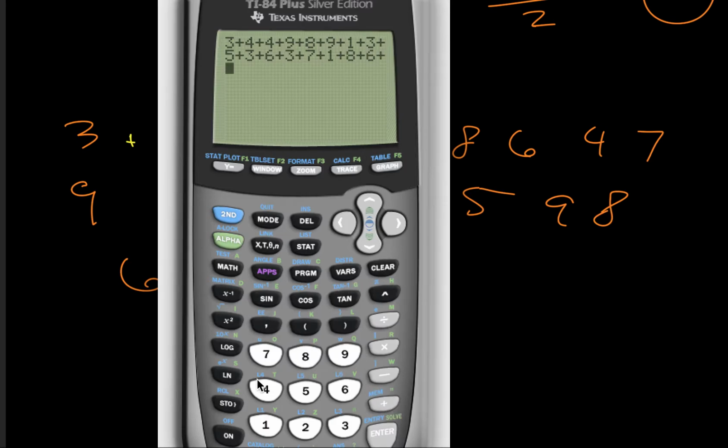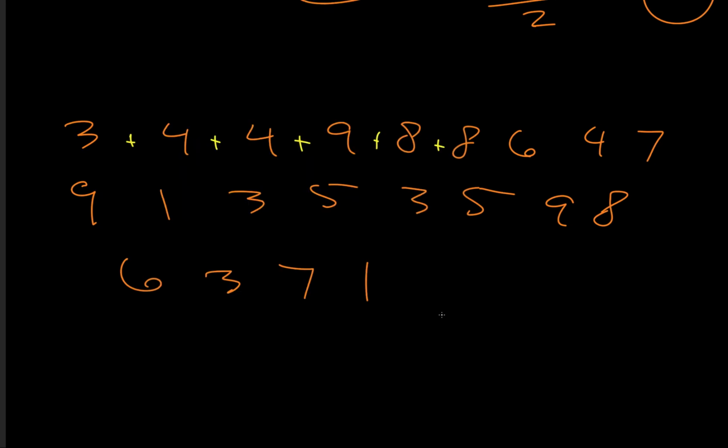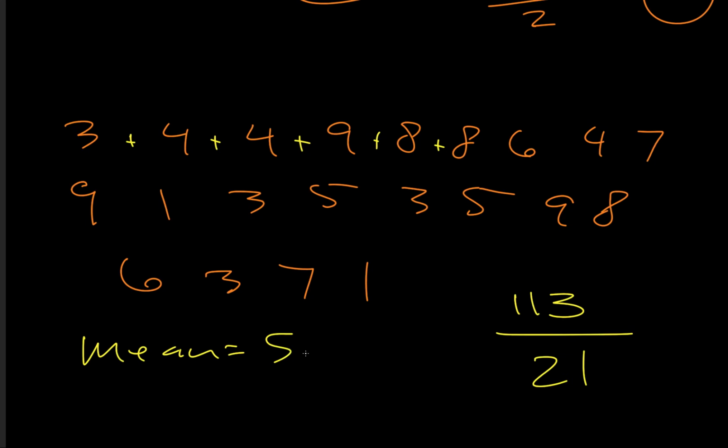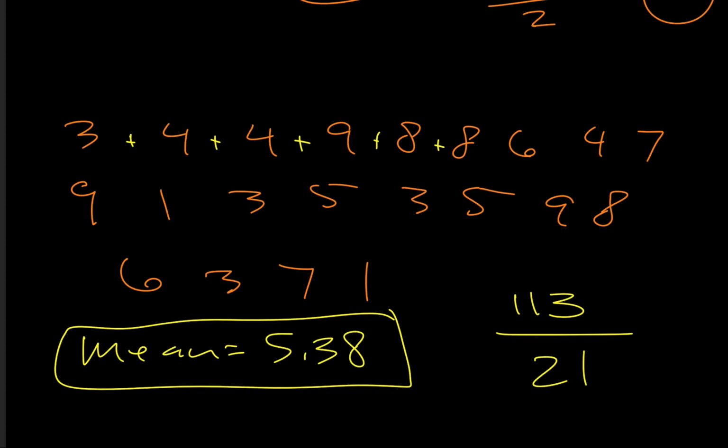I got 113. So the sum is 113. So we're finding the mean right now. 113 divided by the number of things, which was 21. And that tells us our mean is 5.38 if we round it to 3 significant figures. Okay, so we found the mean.